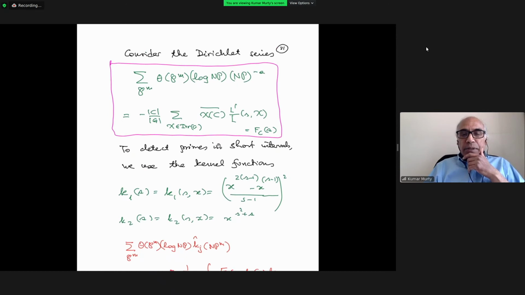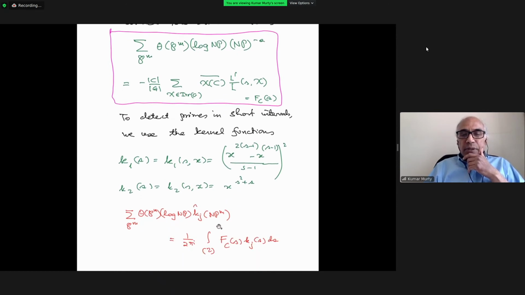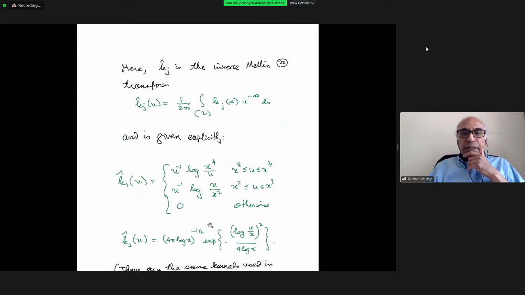But instead of norm p to the minus s, you'll get some sort of Mellin transform of the functions K_j. And the reason that's important is that the inverse Mellin transform is compactly supported. That's why these functions were chosen.